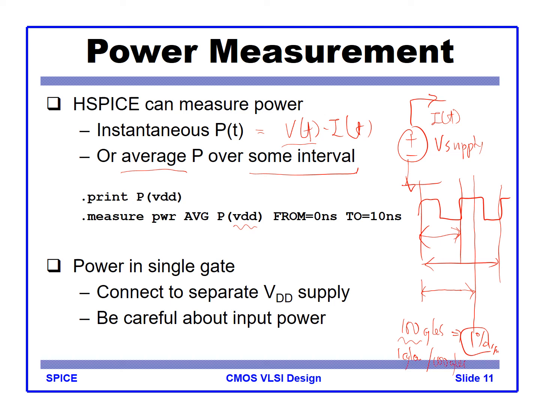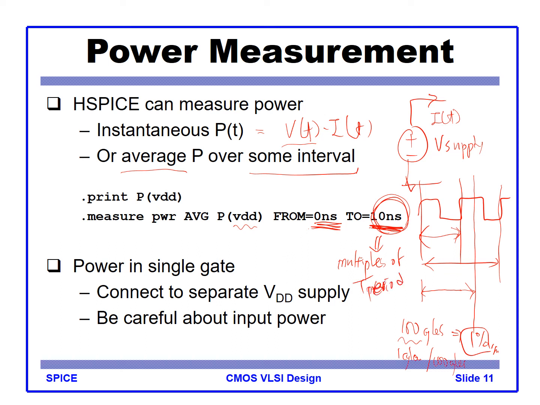So when you measure the power consumption of a periodic circuit, you have to measure over some multiple of the period. If the average time is measured from 0 to 10 nanoseconds, it would be better for this measurement time to be a multiple of the circuit period.